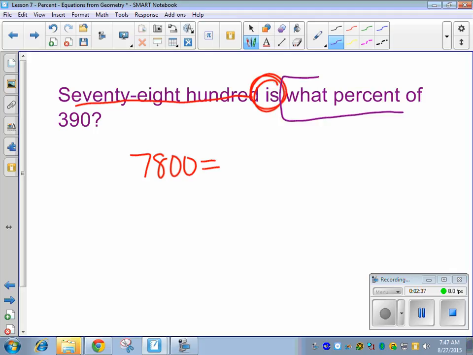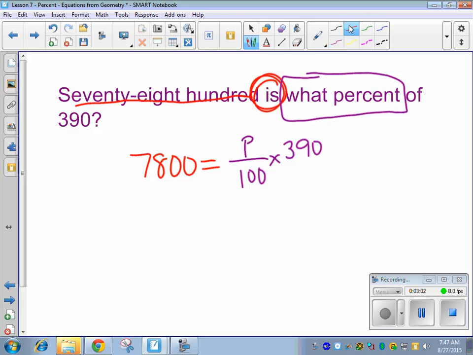This time we're missing the percent. So I'm going to do P over 100 when you're missing the percent. If you just put a variable, that's fine. You just have to move the decimal later. Okay, some people like to do it that way. I like to do it this way so I don't have to move the decimal. All right? And then it says of, so that means multiply, 390.